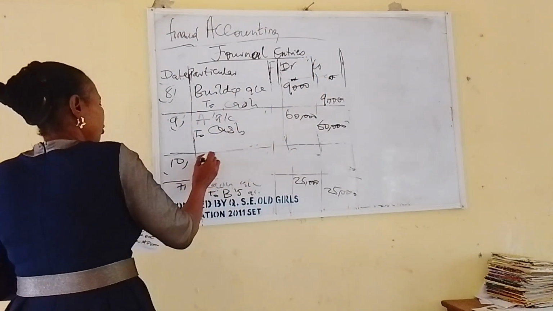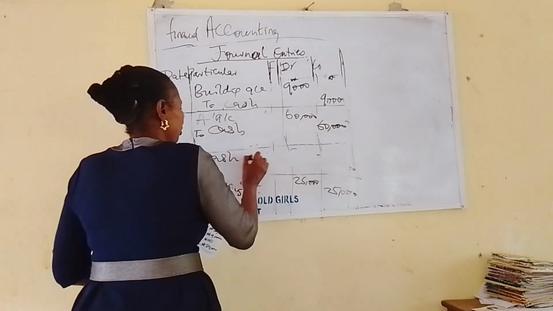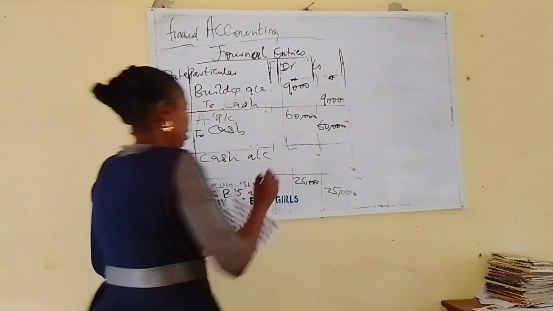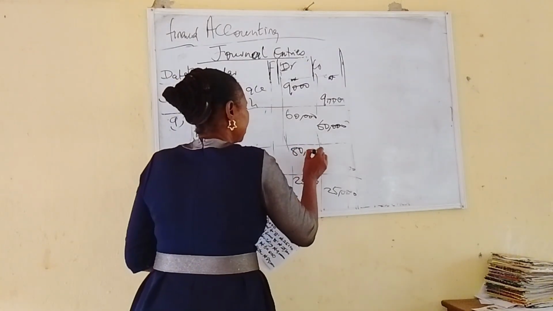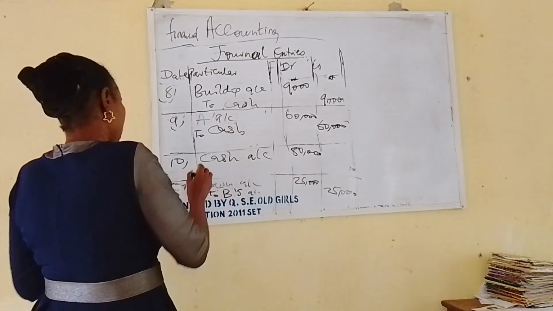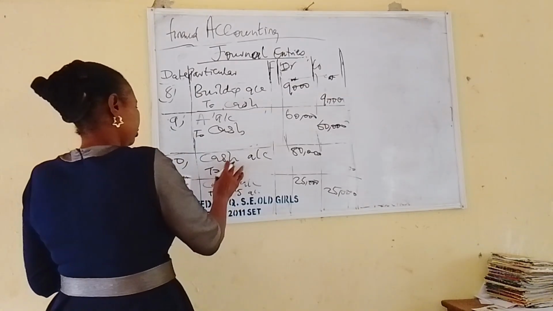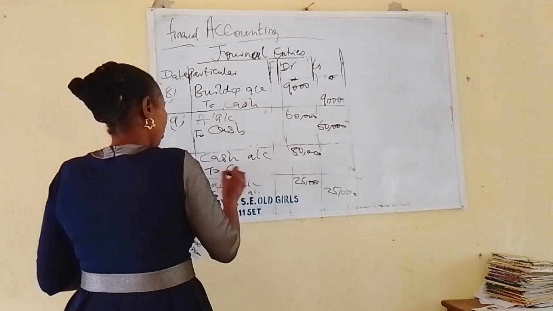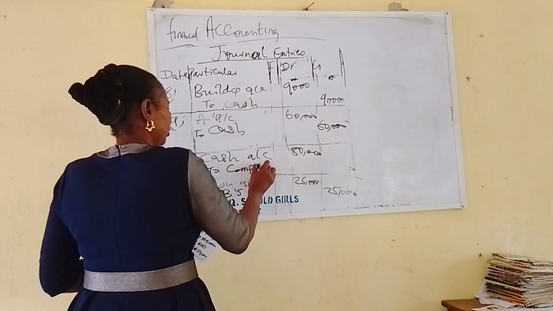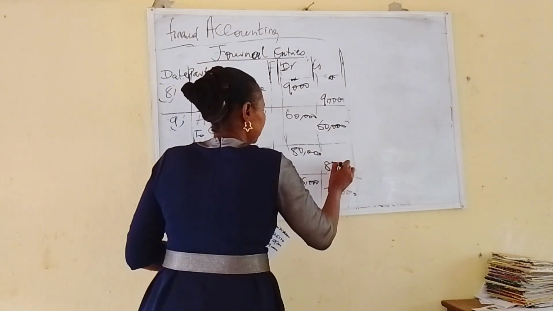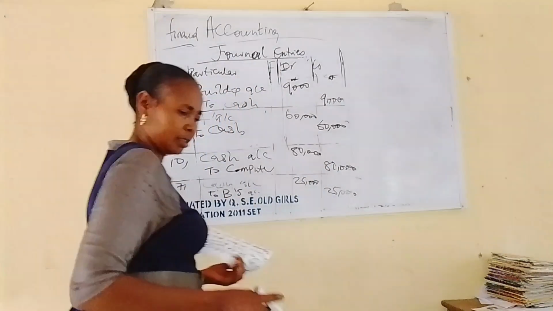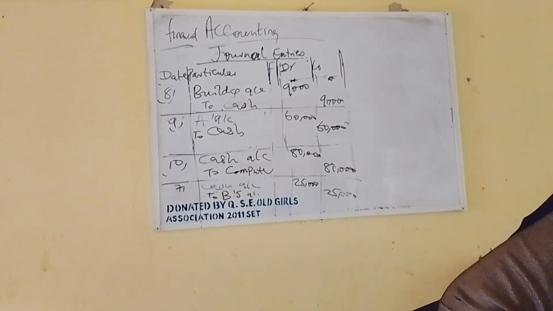So cash account, 80,000 naira. Then to computer, which is going out, 80,000 naira.